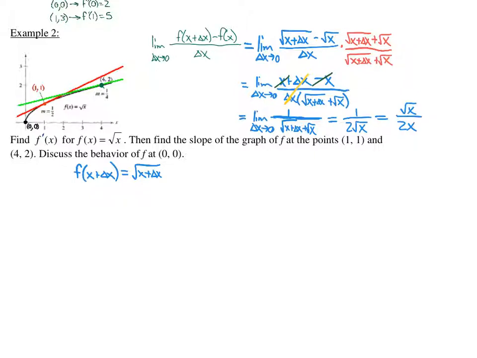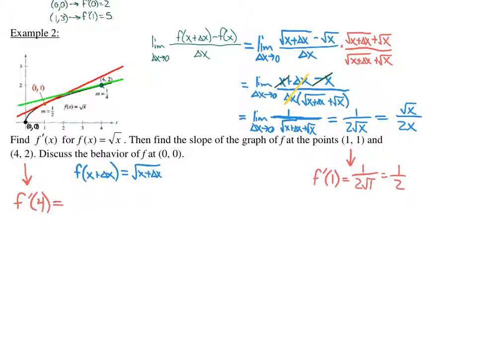So now to do what the problem wanted us to do, if I want to find the slope of the graph at the points (1, 1) and (4, 2), they want f prime of 1 and f prime of 4. So if I do 1 over 2 times the square root of 1, that's a half.